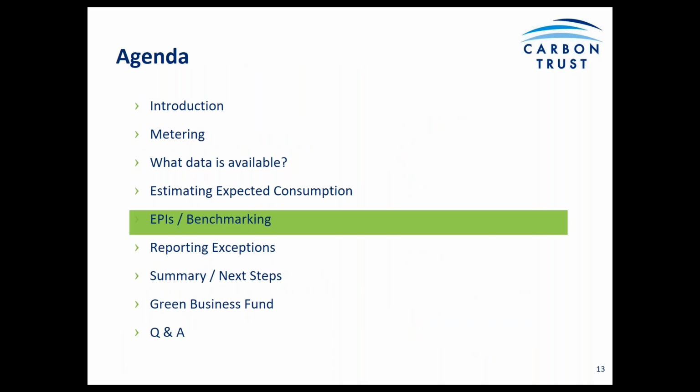Once actual consumption has been analysed and the expected consumption has been estimated, then normally the next step would be to carry out a benchmarking exercise and define the energy performance indicators, what we normally refer to as the EPIs, that the site would be measured against.